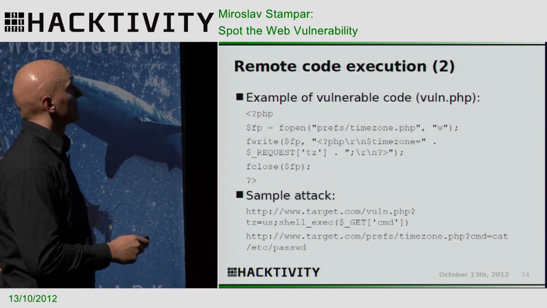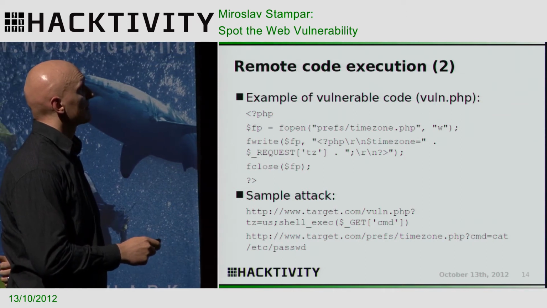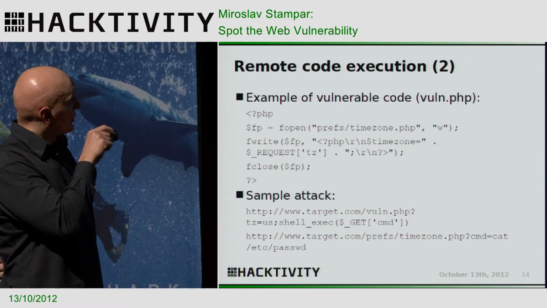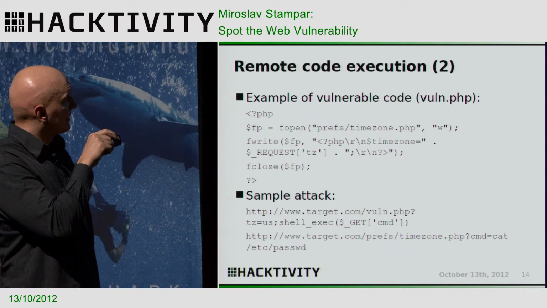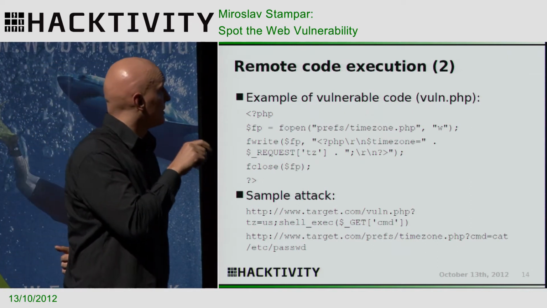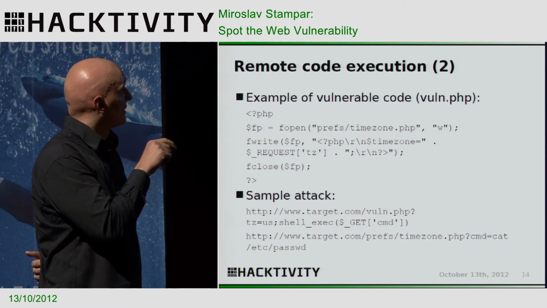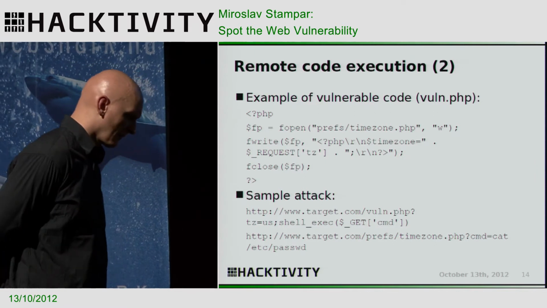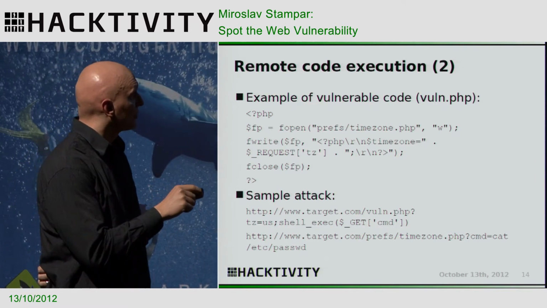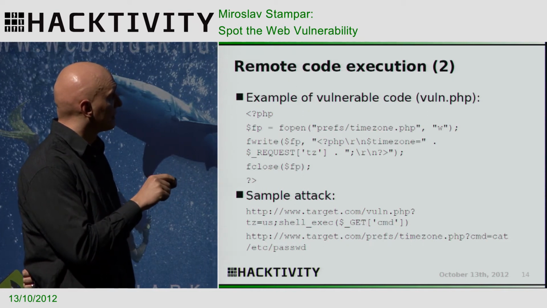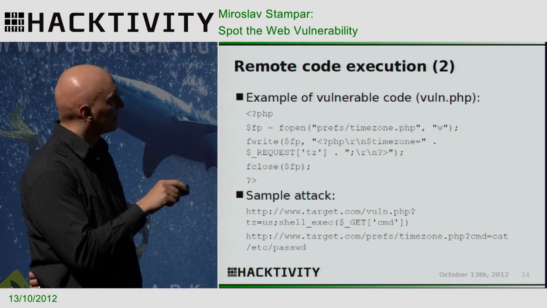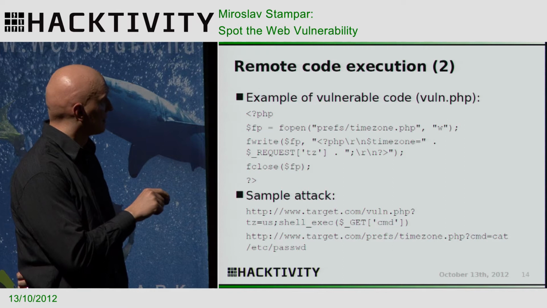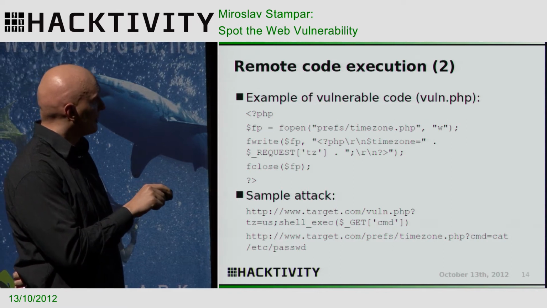In this example, you can see that the file preferences time zone PHP is opened and written with the request parameter TZ, ended with the proper PHP ending, and at the end is closed. So you can see that this is somewhat different than file inclusion, because here you are actually writing something from the request parameters that is written at the backend and later on executed. A sample attack could be something like this.